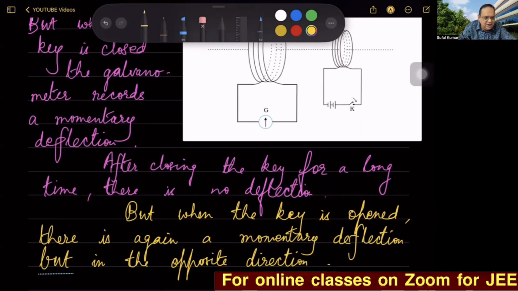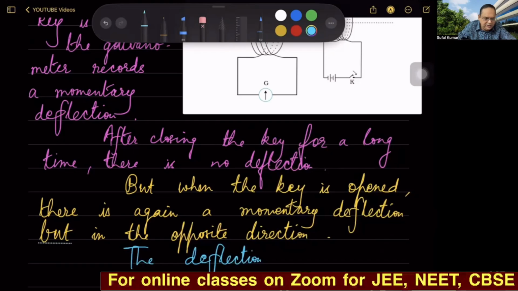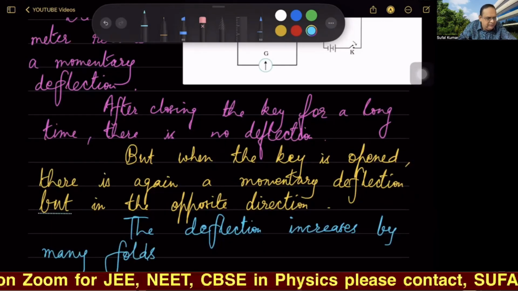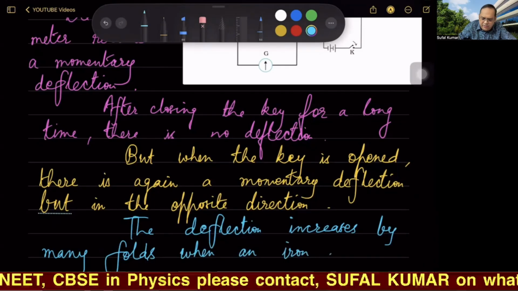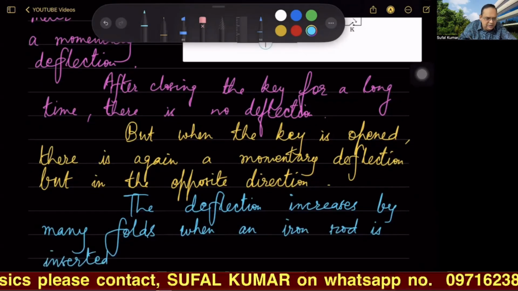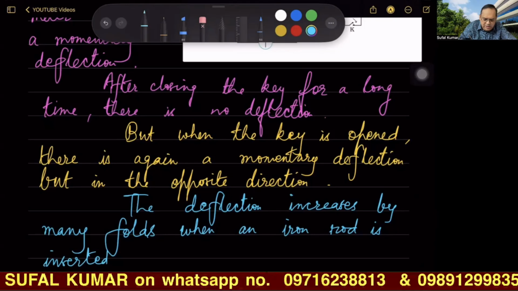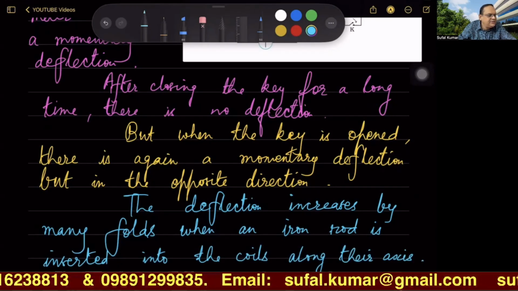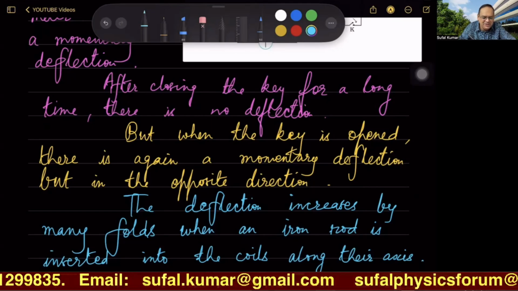The deflection increases by many folds when an iron rod is inserted into the coils along their axis. Hence, these experiments are over.